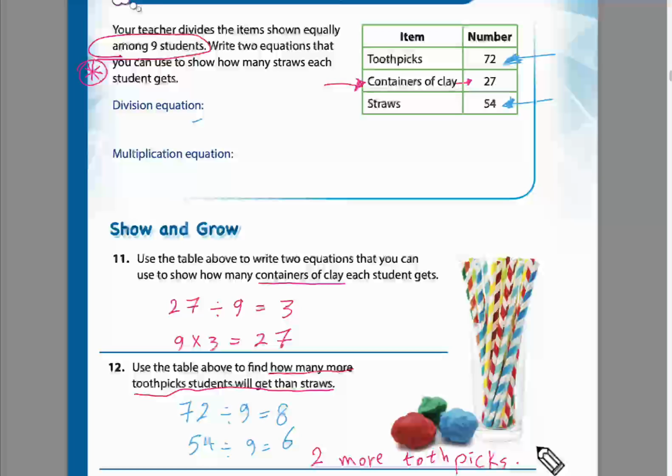Teacher, we write only the answer or we do it all? Question number 13. Yes, do it all. Is there anyone writing? Yes, me, teacher. Okay, quickly, my heroes.